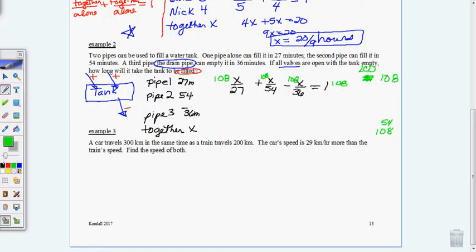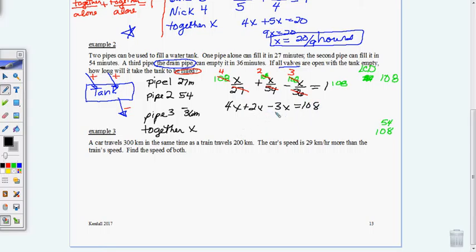Okay, so let's reduce these. What did I say? 27 went into 108 4 times. 54 went into 108 2 times. 36 went into 108 3 times. And I'm left with 4x plus 2x minus 3x is equal to 108.